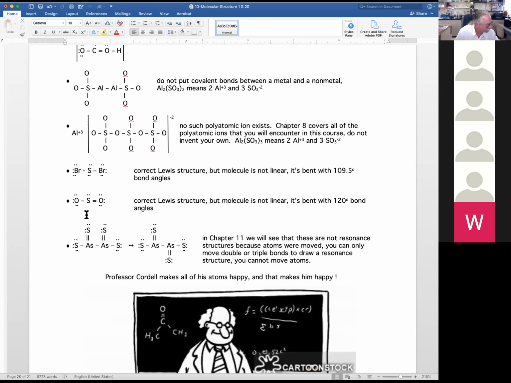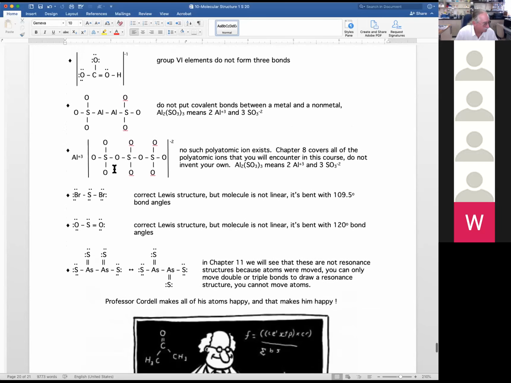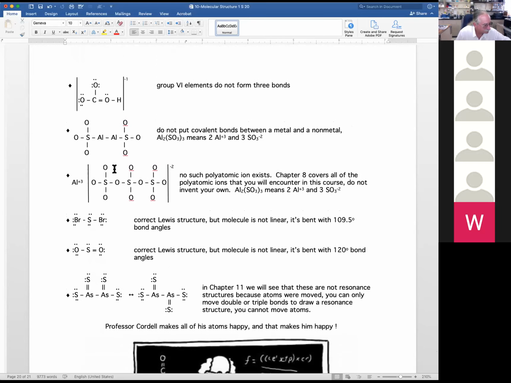I meant for the bromine sulfur. Okay, let me just put this together real quick. It would look like this. See that? Yes. So those 2 non-bonding electron pairs push the other ones down.